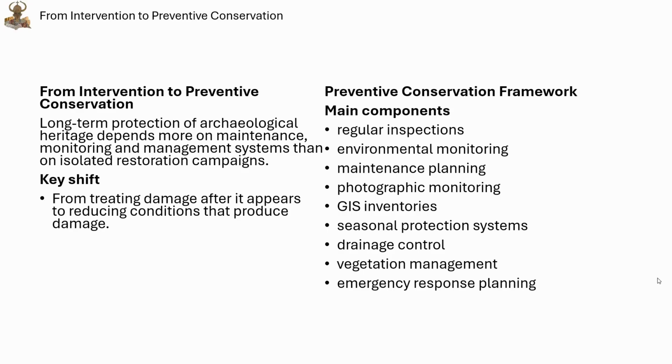Photographic monitoring allows comparison over time, and seasonal protection may include coverings, shelter, drainage, backfilling, or temporary barriers. Vegetation management is important where roots destabilize structure or trap moisture. And emergency response planning prepares the team for sudden events such as floods or structural collapse.